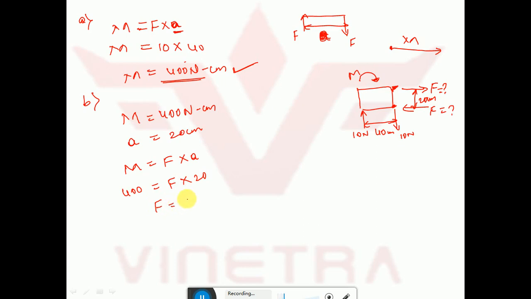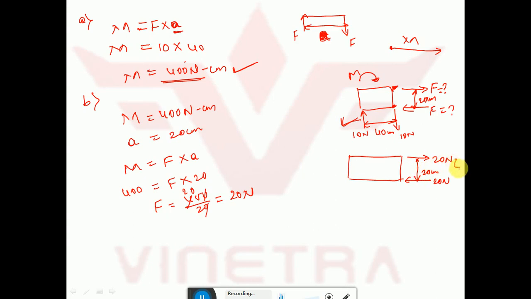Therefore the force should be 400 divided by 20. So cancel out the 2 into the 4, 20. So 20 Newton of force is to be applied. If I apply 20 Newton and 20 Newton on this body at this particular position in this direction, and they are 20 centimeter apart, they will produce the same effect as produced by these two forces.